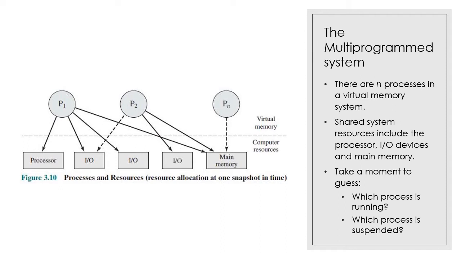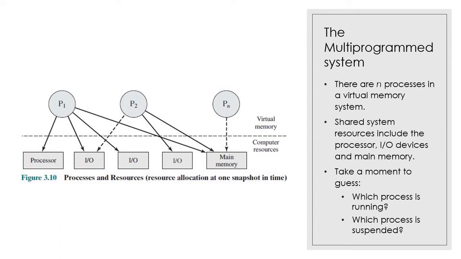To find the suspended process, find the one who is not mapped to main memory. You can see solid arrows going from P1 and P2 to main memory, but there is a dashed arrow from Pn to main memory.